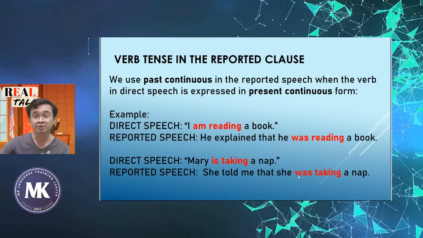So we use "was" here for our be verb. Now, that's for the past continuous form of the verb. Remember, we use past continuous in the reported speech when the verb in direct speech is expressed in present continuous form. Okay, this is quite easy, right?